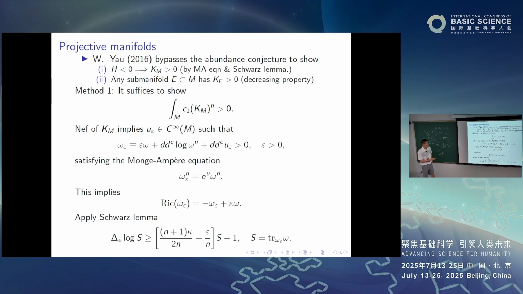Then the nefness: remember nefness is that this canonical bundle has a metric greater than minus epsilon omega. You move that to this side, you get a positive smooth one-form for epsilon greater than 0. Then we can solve a Monge-Ampere equation to get this u, just u epsilon.